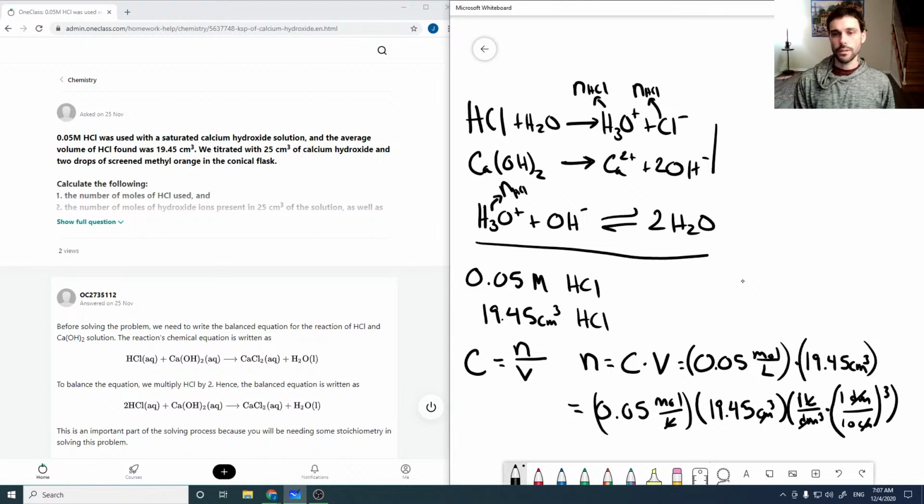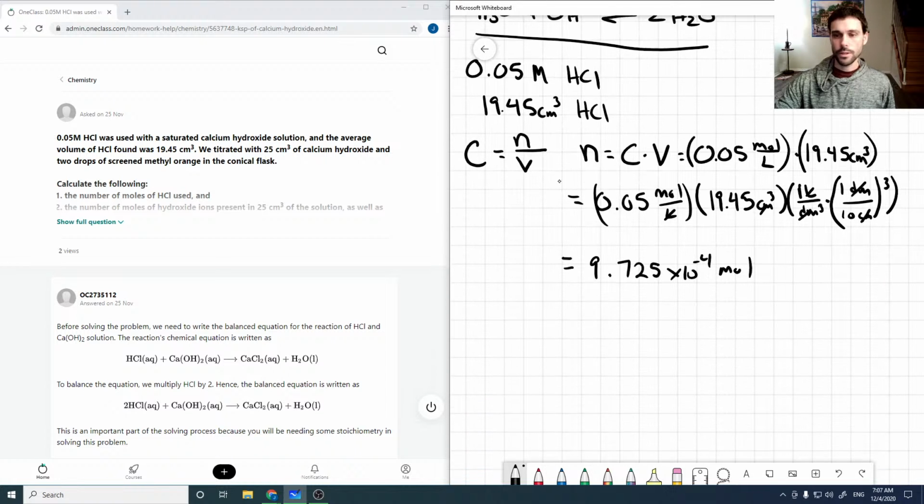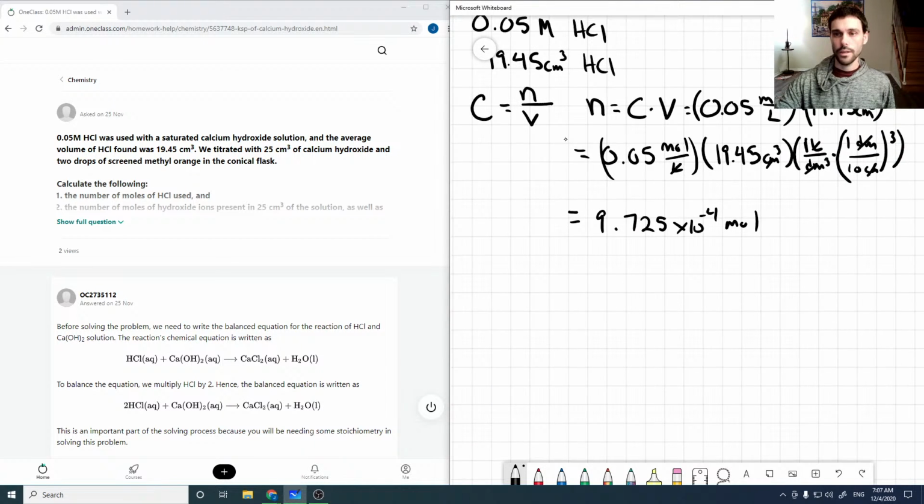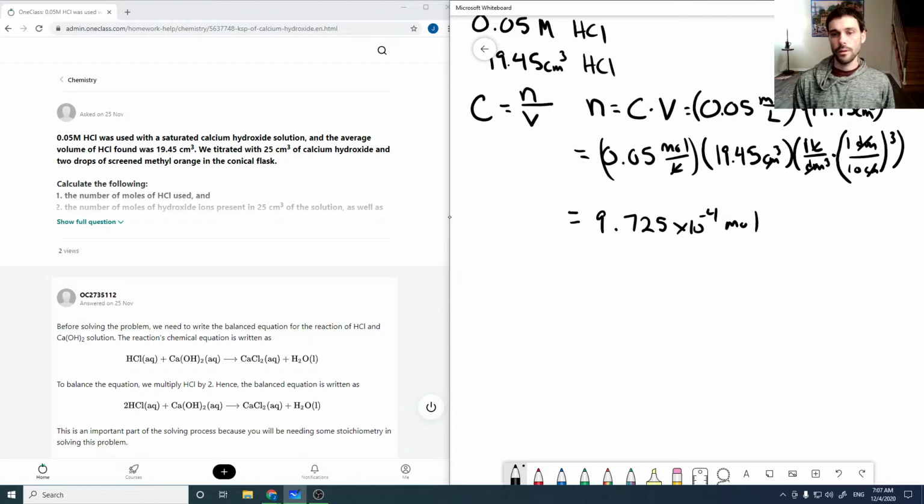And because these two must exist in a 1-to-1 ratio in this expression, that must also equal that, right? So the number of moles that we must have titrated to reach neutrality is then equal to that. So our N for our OH minus must be 9.725 times 10 to the minus 4 moles, as the two must equal each other to have reached a neutral solution.